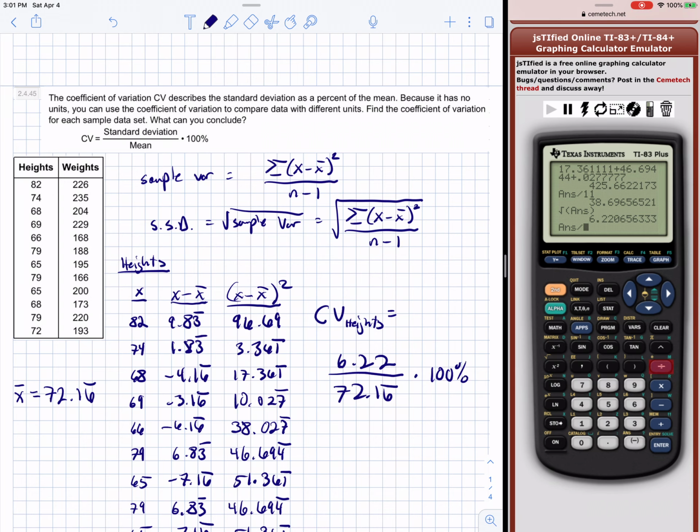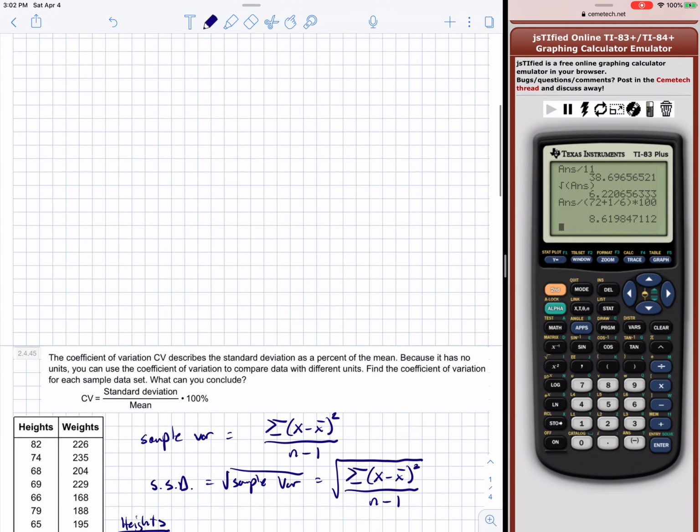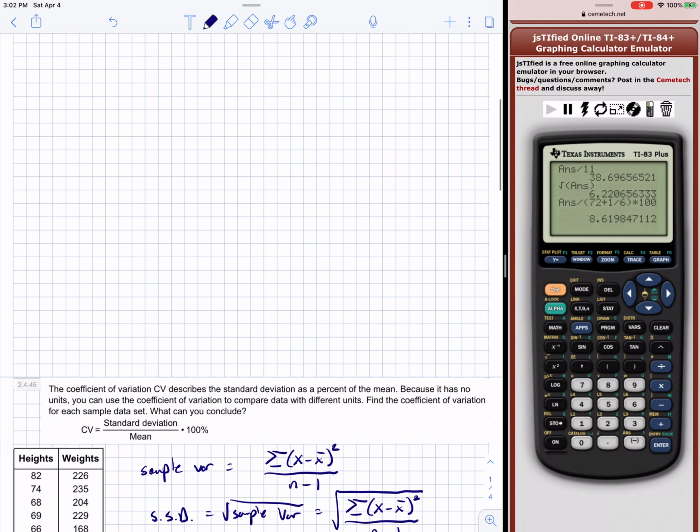So we're going to say that divided by the 72 plus the 1/6, and then times 100. Approximately 8.62%. I think this is correct for that one. I'm just going to glance at the answer to make sure we did that properly. 8.62%, 8.6%. Yeah, that's exactly what they got.